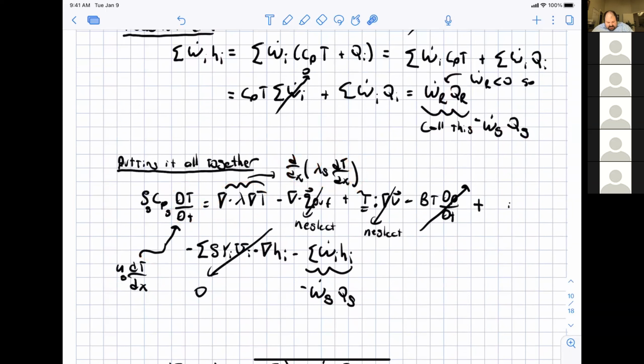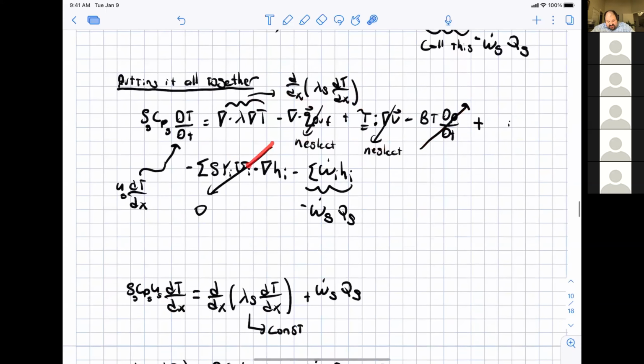Okay, and then we neglected the Dufour effect. We are neglecting any shear stress effects. We are operating at constant pressure, and we showed that this term goes away, and this term here is negative omega dot g times the heat of reaction.